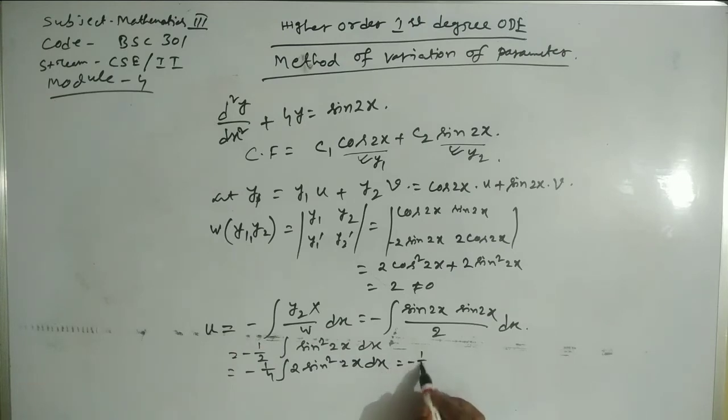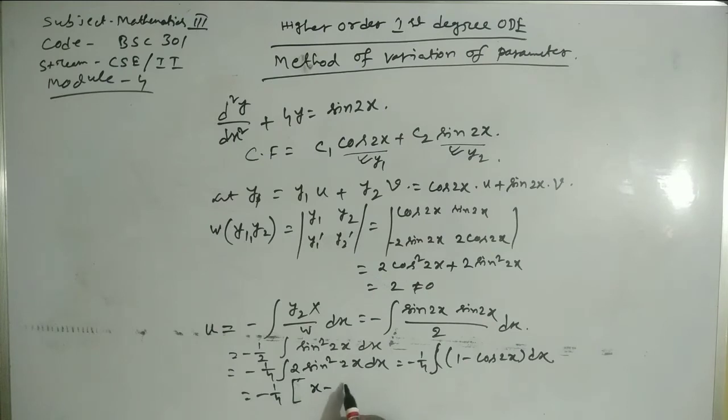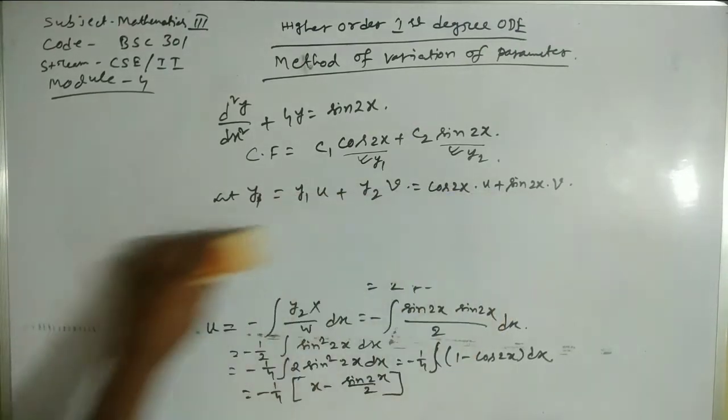So 2 sin square 2x dx can be written as 1 minus cos 4x dx, and after integrating we will get x minus sin 4x by 4. So this is our u. Now we will find v.